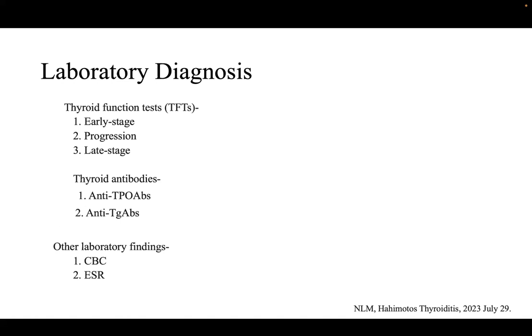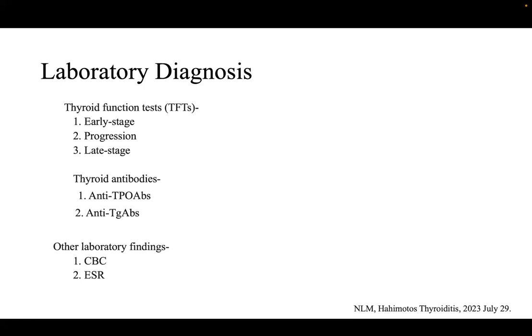In early stages, you can have elevated T3, T4 levels and decreased TSH if there is Hashitoxicosis present. And as it progresses, it can have subclinical hypothyroidism where there is mildly elevated TSH and normal T3, T4. And in the late stage, there'll be overt hypothyroidism where there is high TSH and low T4, T3 levels.